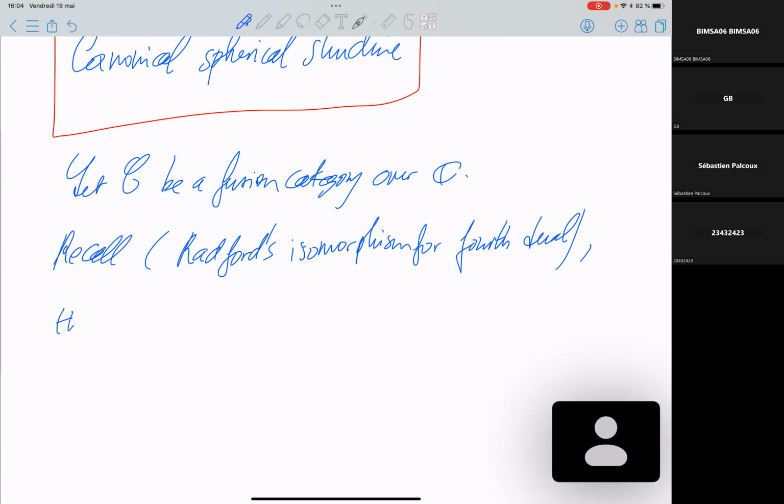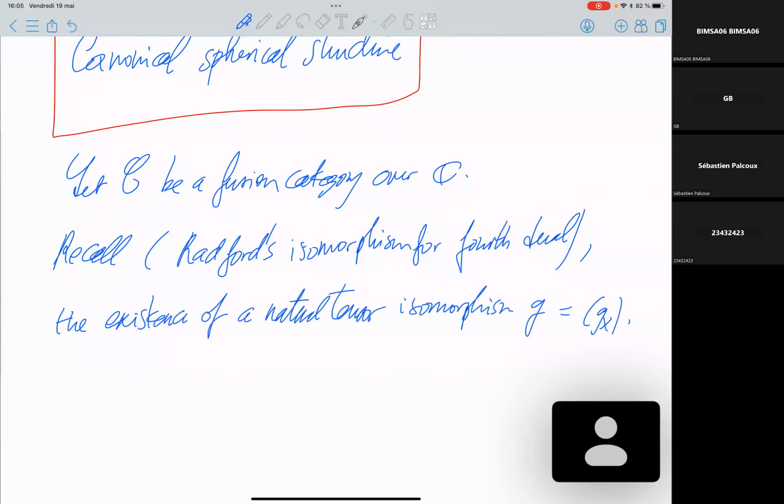There is the existence of a natural tensor isomorphism, and tensor is very important, G, given by a collection of isomorphisms between the identity and the fourth dual functor.